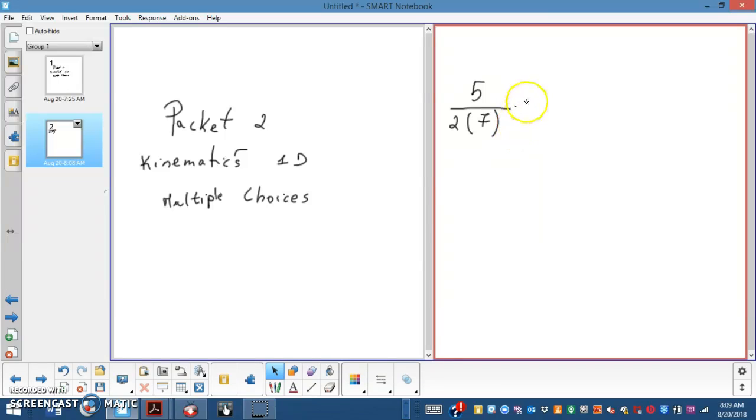How many different ways can you solve something like that? Solution 1, you can do 5 divided by 2 times 7, which is what everybody usually does. So you do 5 divided by 14, and then whatever number you have, you put it right there.